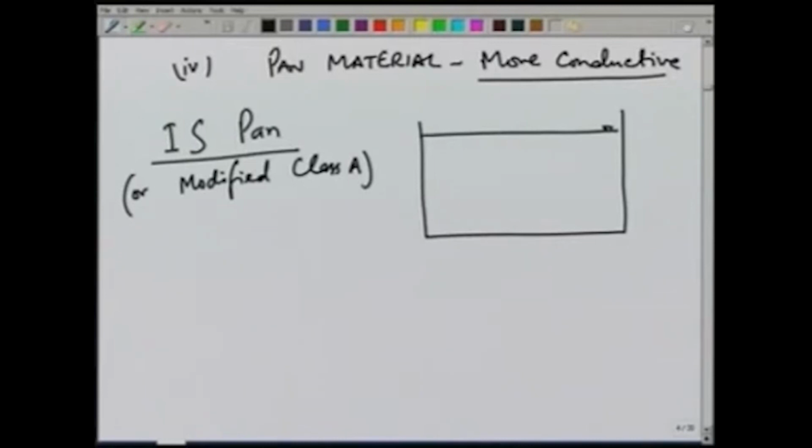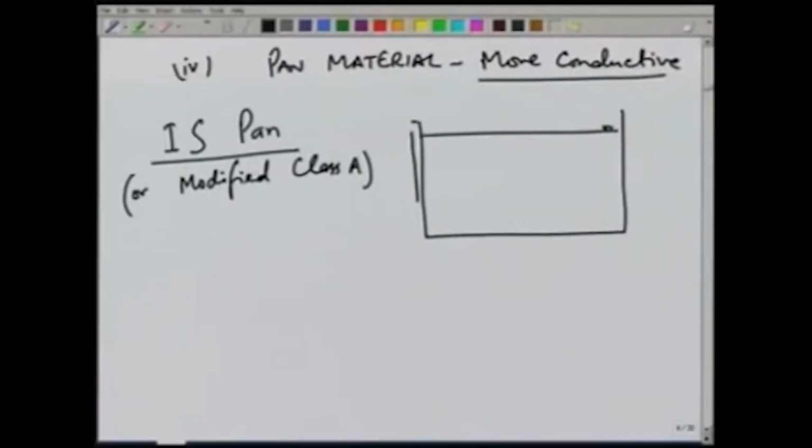So, the class A pan which was used by US Weather Bureau was slightly modified by the Indian Standard Institute. Dimensions are very similar. So we have a dimension of, instead of 1210, we use 1220.